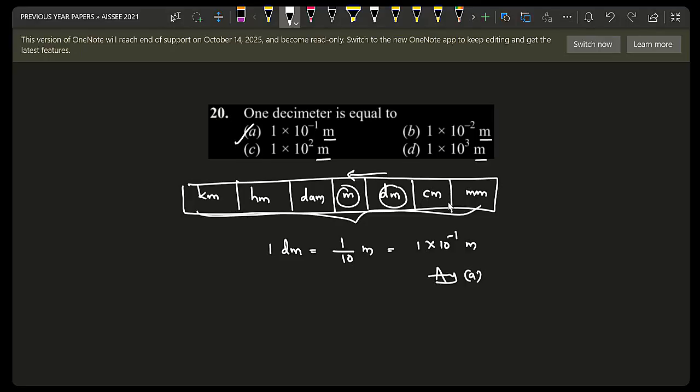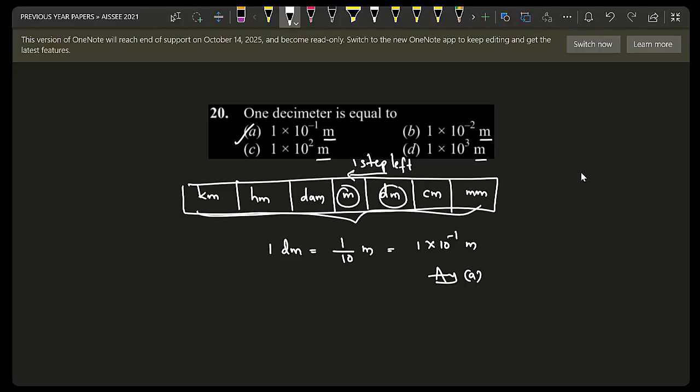In this question we are converting from decimeter to meter. So decimeter to meter, we are going one step left. Yes or no? Yes, sir. One step left means you take 10 to the power minus 1. Suppose you are going one step right, you take 10 to the power 1. Left you take minus, right you take plus. Okay.